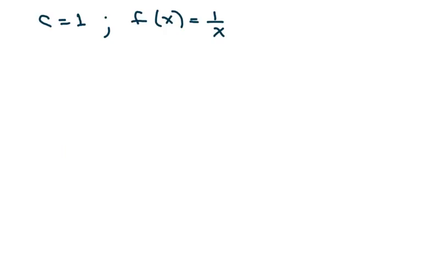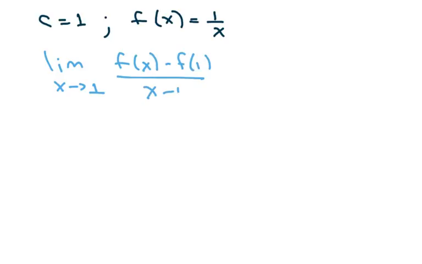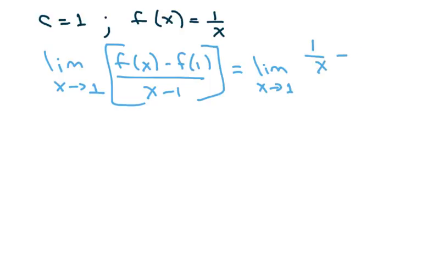Okay, and I have this one, a little harder if you watched the whole video. So we're going to do the limit as x approaches 1 of f of x minus f of 1 over x minus 1, which equals the limit as x approaches 1 of 1 over x minus 1 over x minus 1.